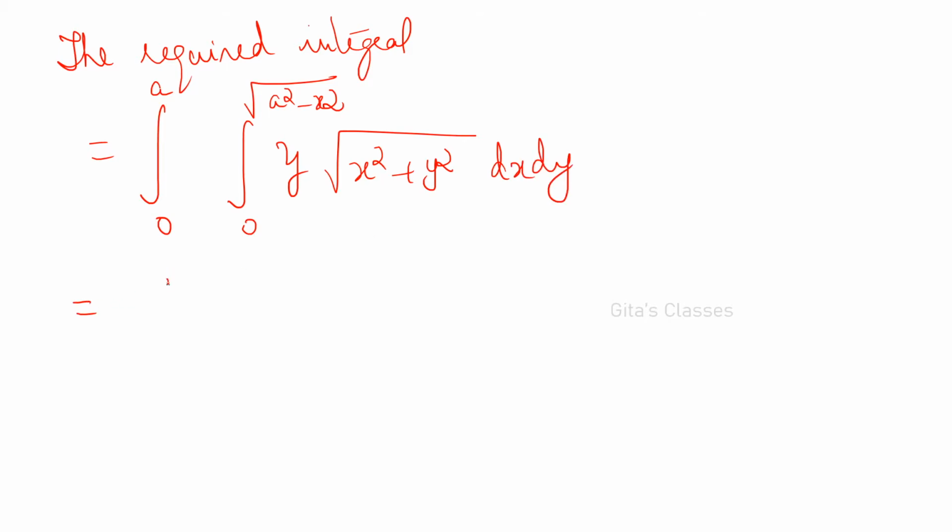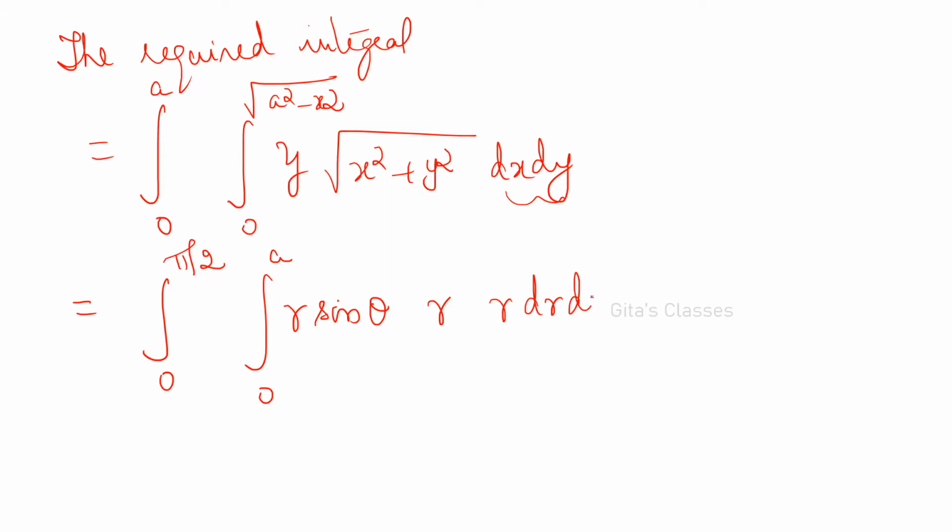Now r varies from 0 to a, and theta varies from 0 to pi by 2. You can write in any order. Now, what is our y? It is r sin theta. And root of x squared plus y squared is r. For dx dy, you have to write r dr d theta.